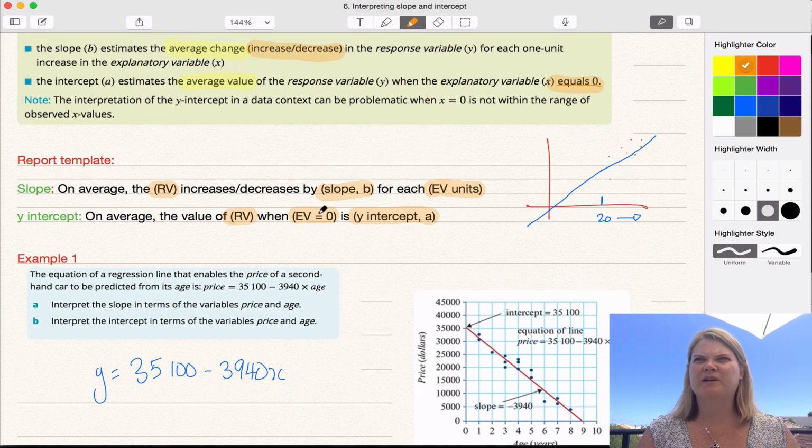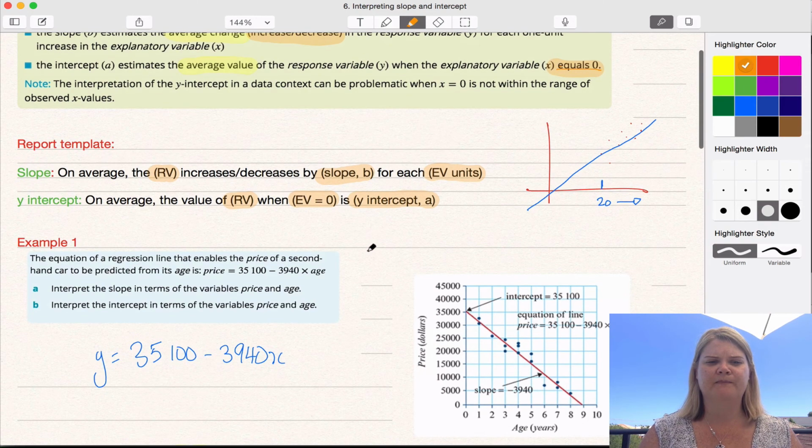So you might need to do a bit of your own thinking to think about what it would mean when the explanatory variable is equal to 0, and write that in a sentence properly.